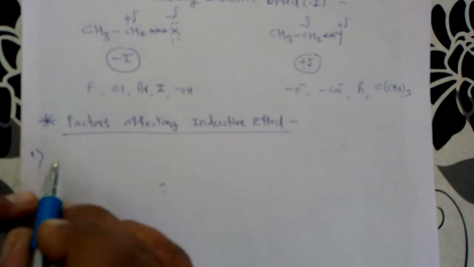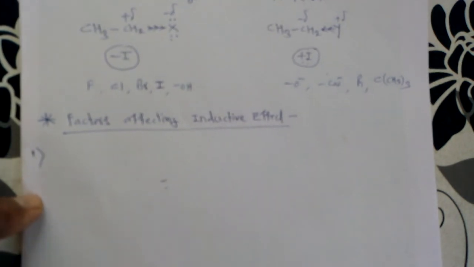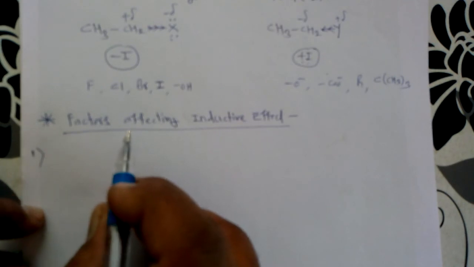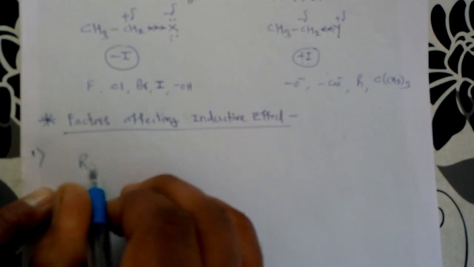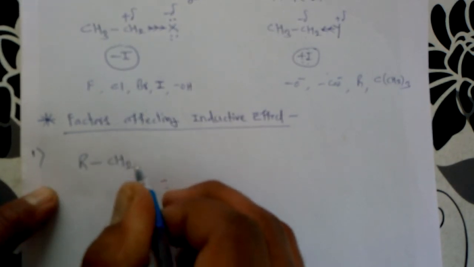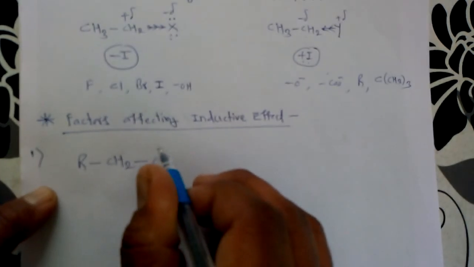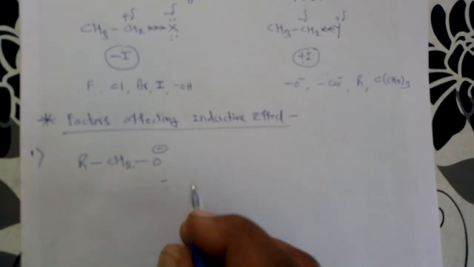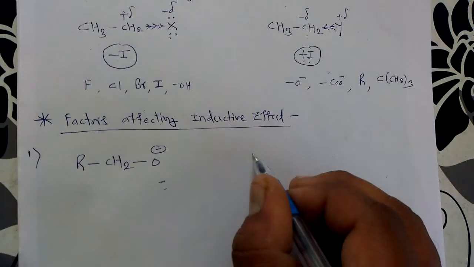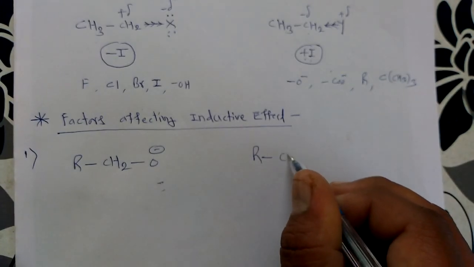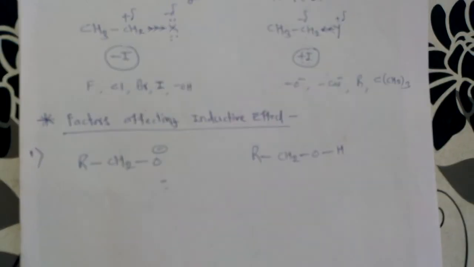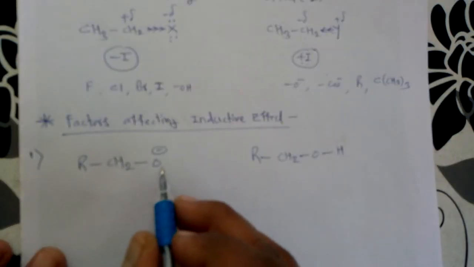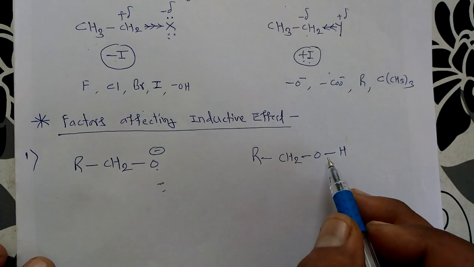So first of all, if we consider this first factor, suppose we consider compounds like R single bond CH2 single bond O minus, it's the first general example of a molecule, and as the second example I consider R single bond CH2 single bond O single bond H. What happens in these two compounds? The functional groups are different. In the first case, there is an O minus group, while in the second it is an OH group.